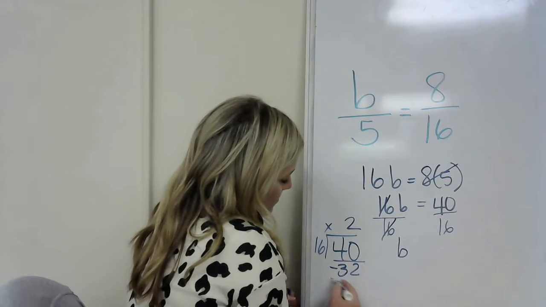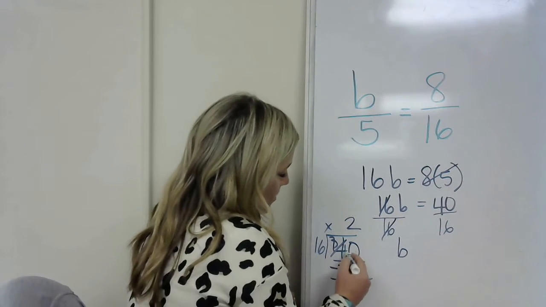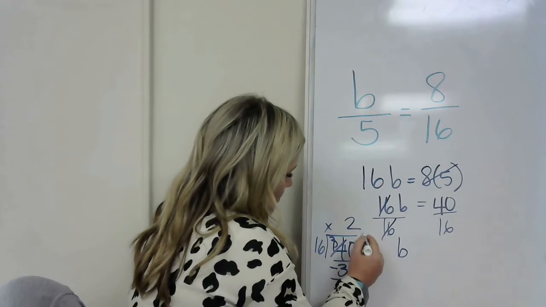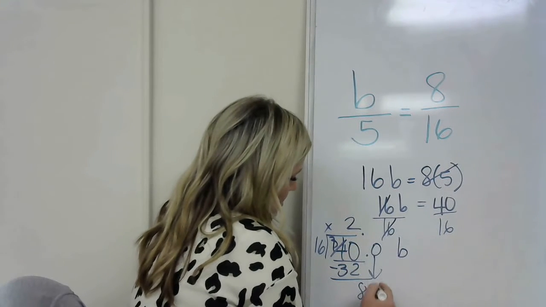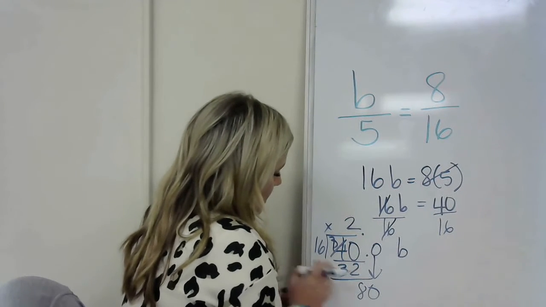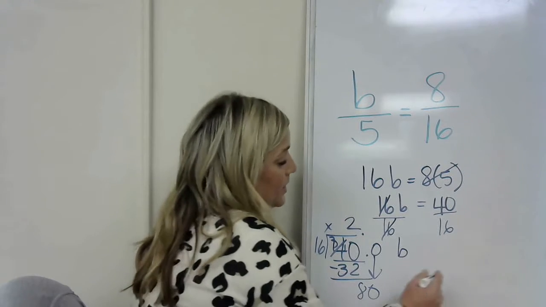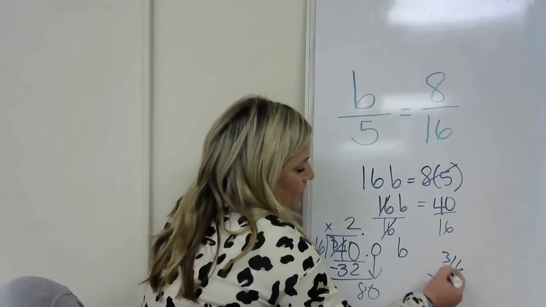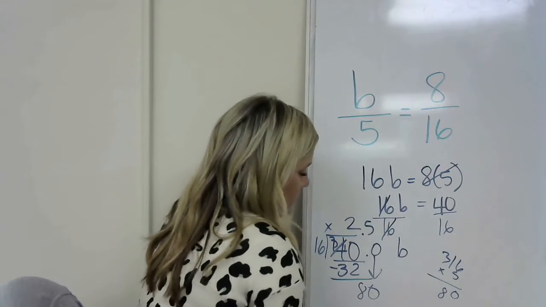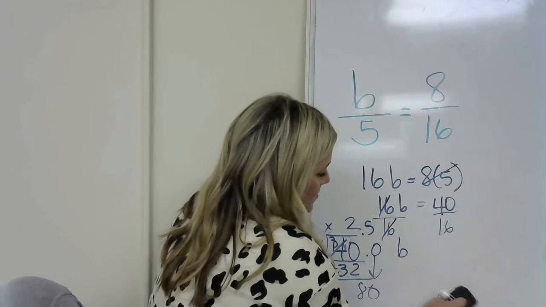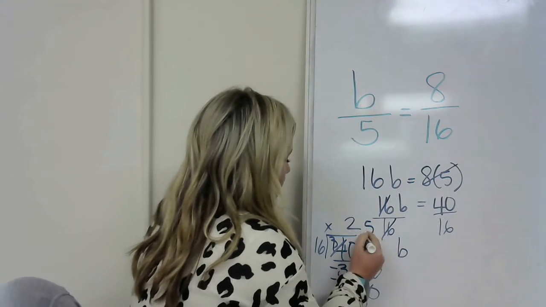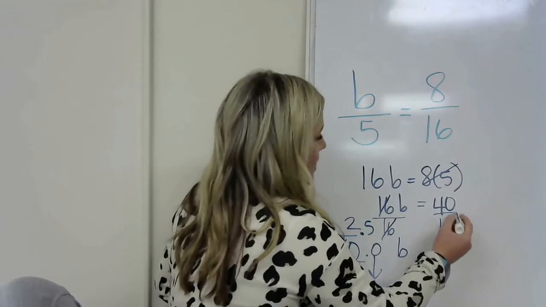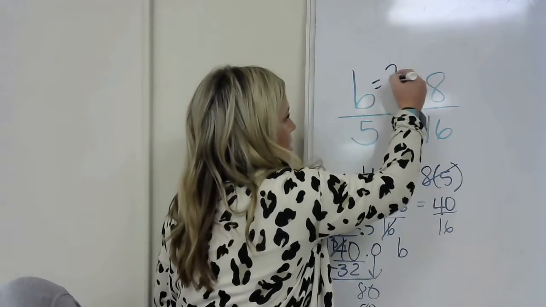I'm going to have to borrow 8, and I'm going to add a decimal. 16 times, I'm going to guess and say 5, but I'm going to do that real quick to see. Yup, that's right. Okay, and 5 times 16 is 80, and that's a Cinderella fit. So B is equal to 2.5.